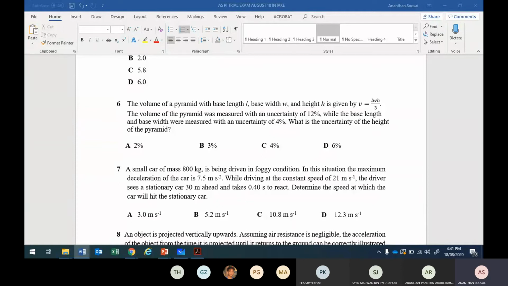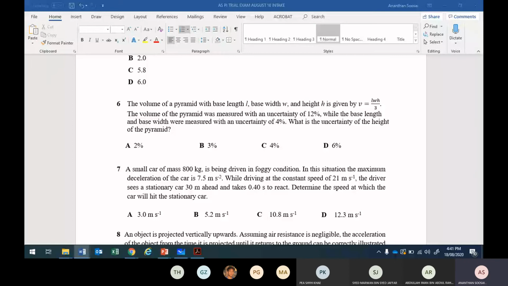Okay, spend 2 minutes. Give me the answer. The maximum deceleration is 7.5 meter per second square. While driving at a constant speed of 21 meter per second, the driver sees a stationary car 30 meters ahead.